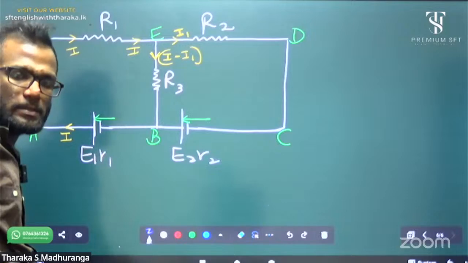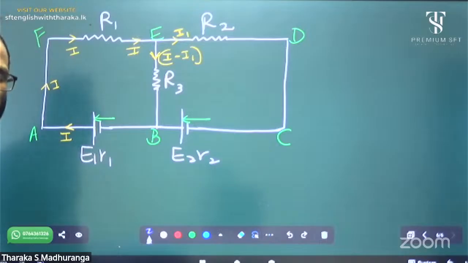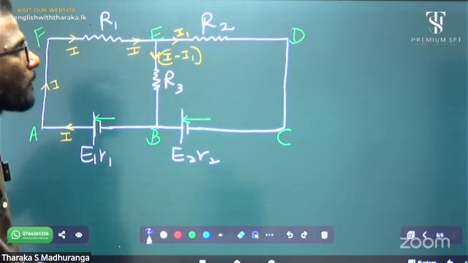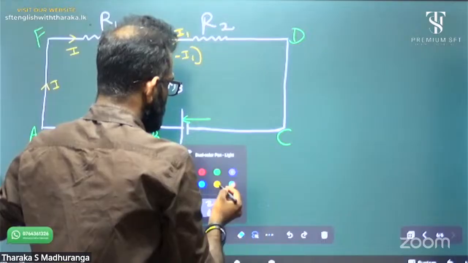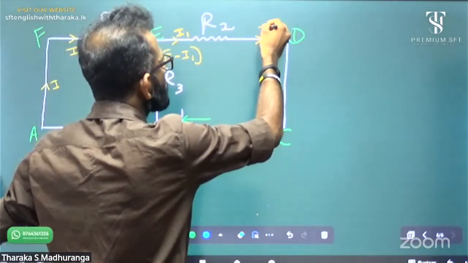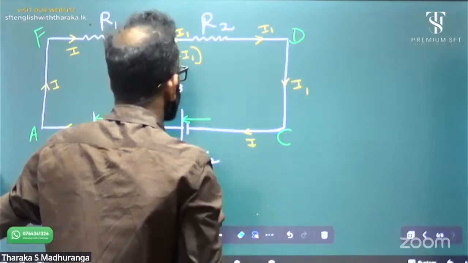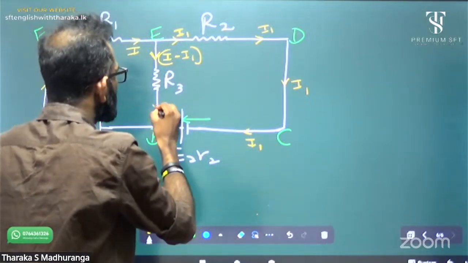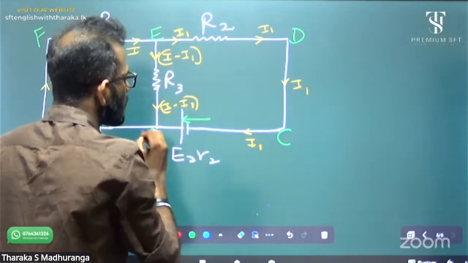Got it? That's very important. That's why I am asking point by point. Now, this path is I1, and this path is I minus I1.